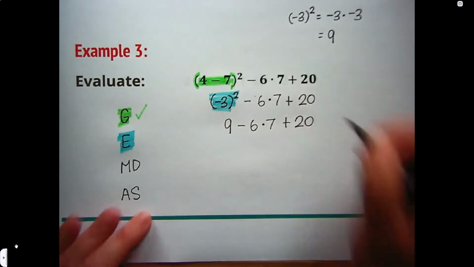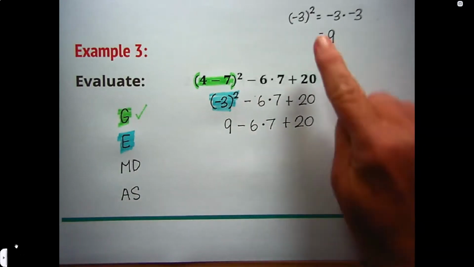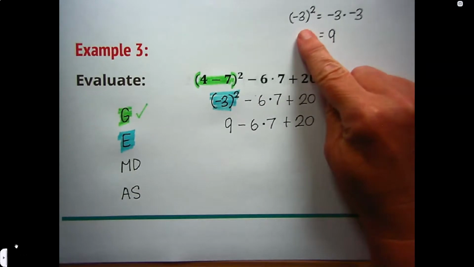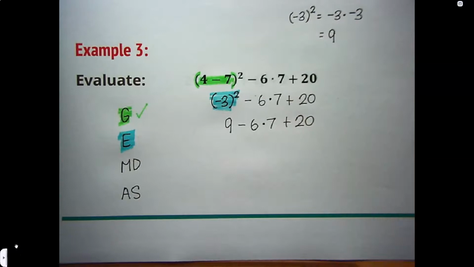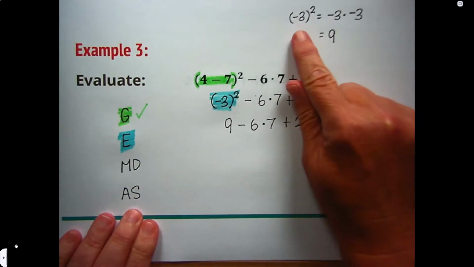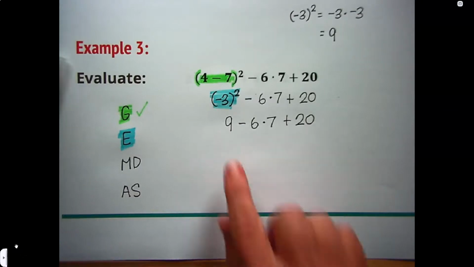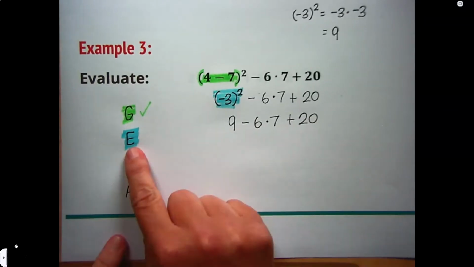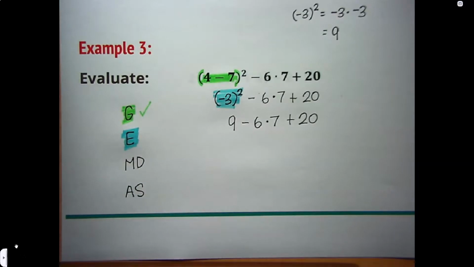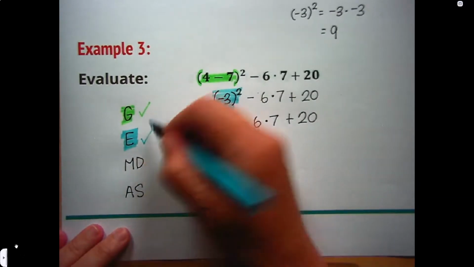Everything else just moves down. If you are typing this into your calculator, you do need to put those parentheses around that negative 3, because otherwise the calculator will give you negative 9 for that answer instead of positive. So make sure if you're typing this into a calculator that you put that negative 3 in those parentheses. All right, now looking at my problem, I don't see any more exponents, so I am done with that step.